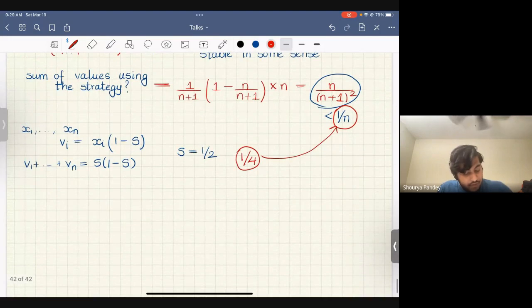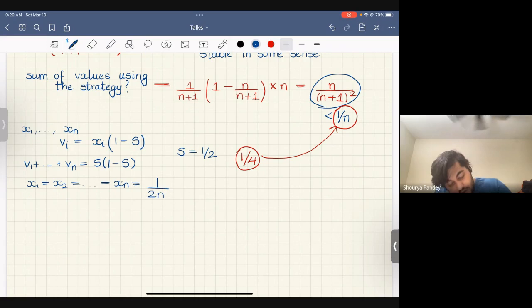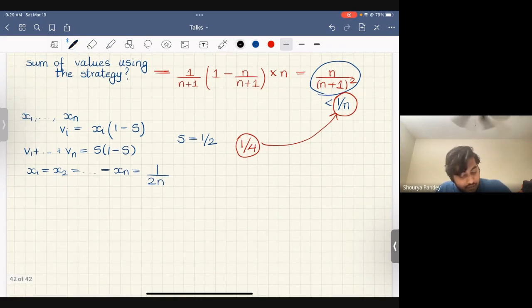But when we go for strategies such as choosing x1 equal to x2 equal to up to xn equal to 1 over 2n, which achieves this value of 1 by 4 overall, the problem is that some xi may benefit from increasing. Each xi in fact benefits from increasing their value.